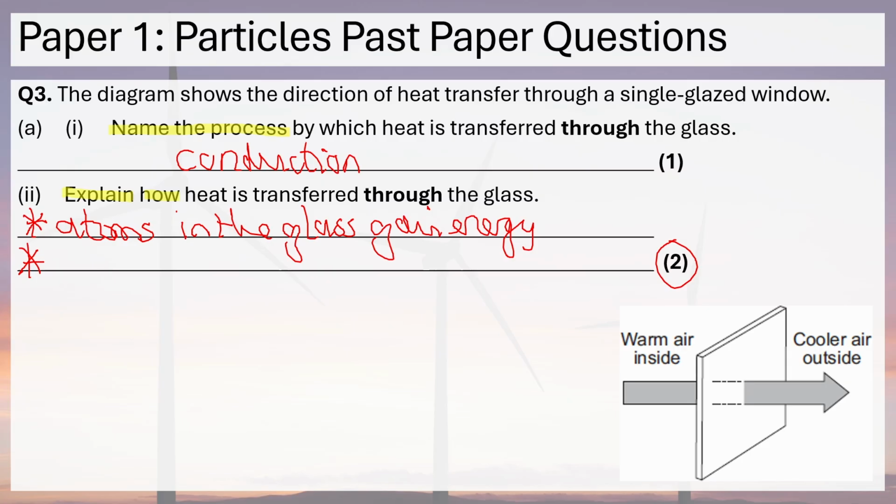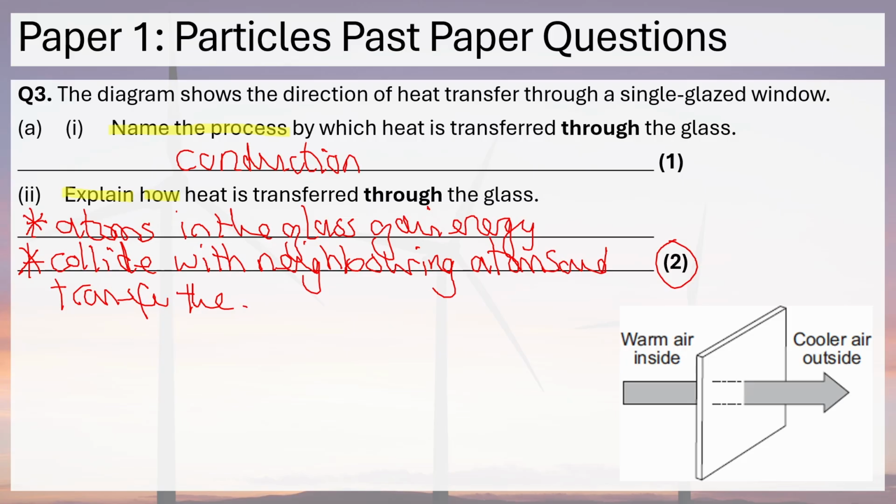And then for the second mark, we need to have something about the fact that they collide with their neighbours, or with neighbouring particles, and transfer that energy on. And there we go, that's our 2 parts.